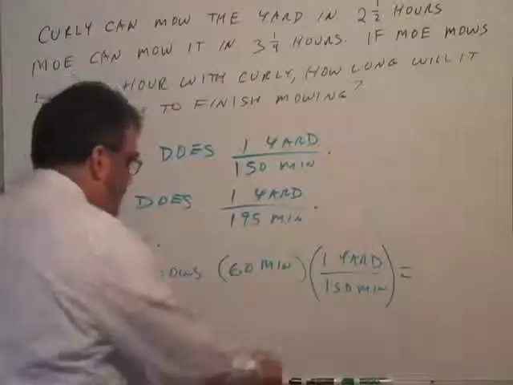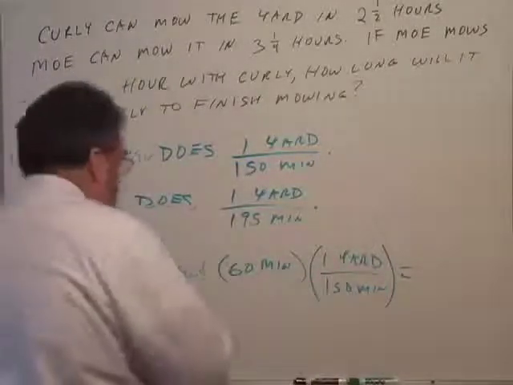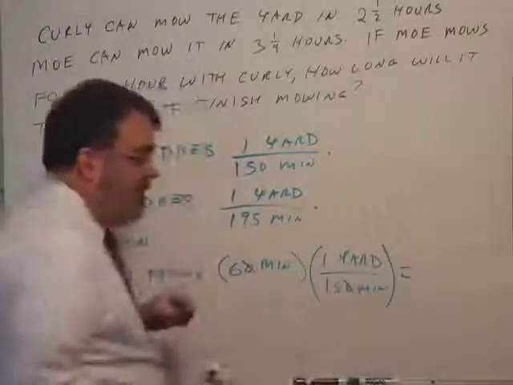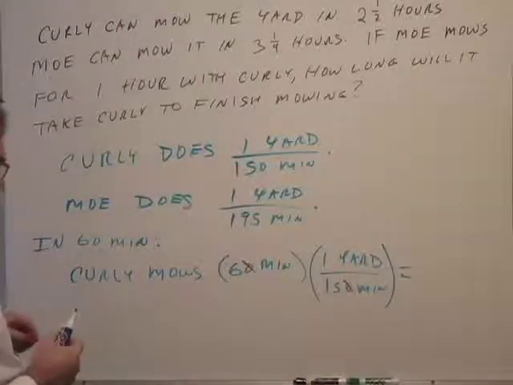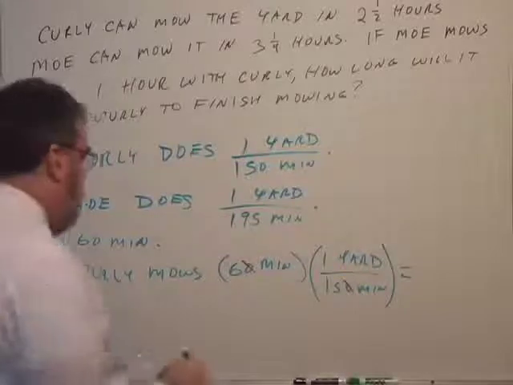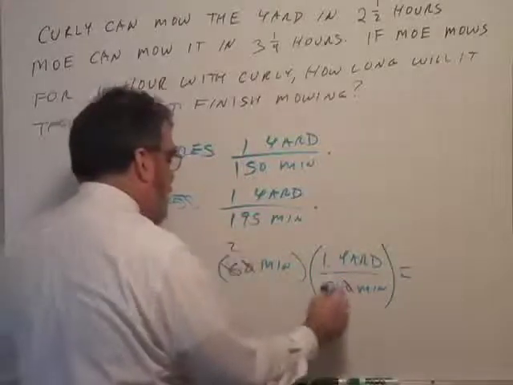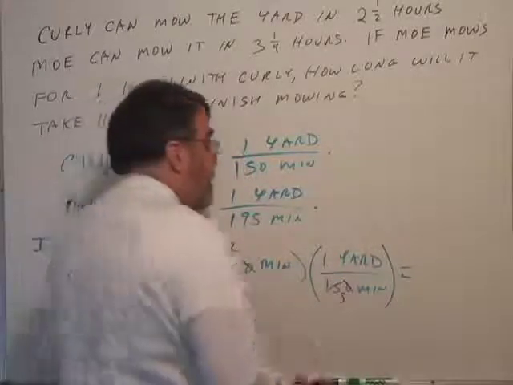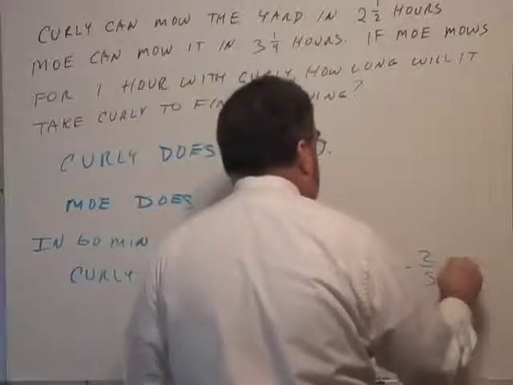All right, let's see, the zeros cancel. I can divide 10 into both. And then 6 and 15, I can divide both by 3. So I get 2/5. He does 2/5 of a yard.